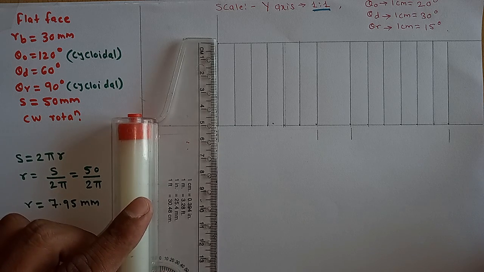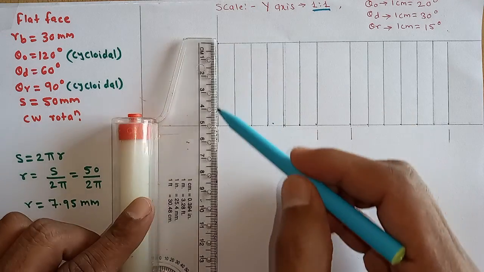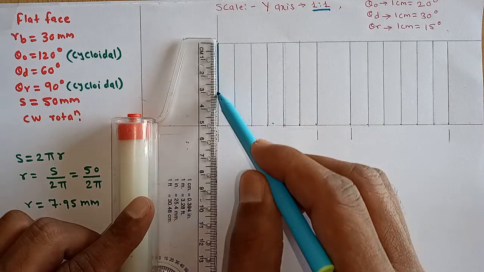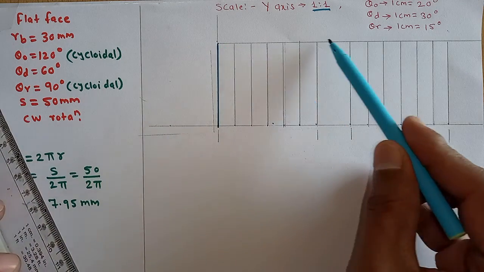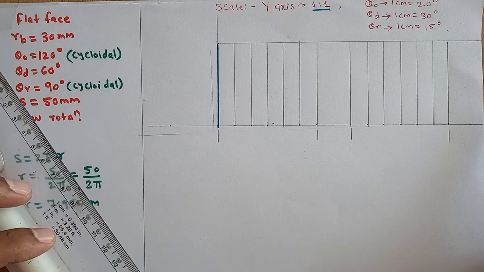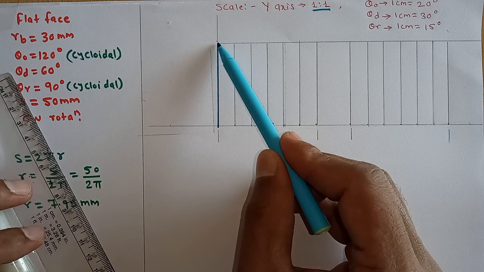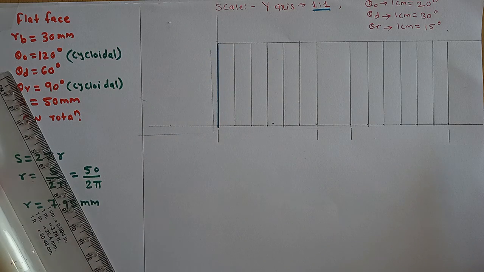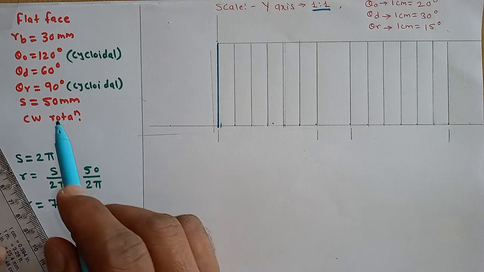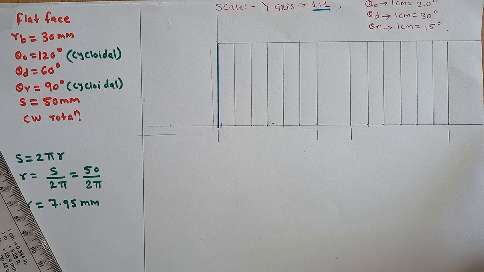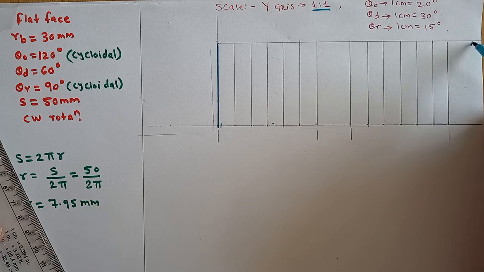So we plot distance equals to 50 on y-axis. Next we draw one horizontal line parallel to the x-axis through the point at 50 millimeters. So this is stroke length of 50 millimeters. So I can show it here, stroke length s.